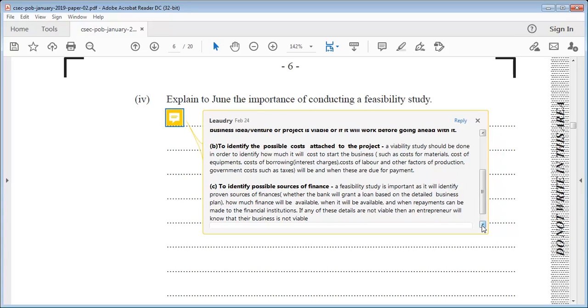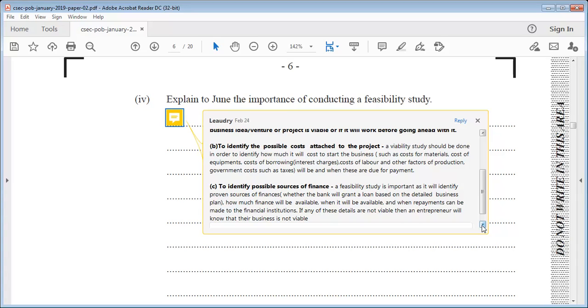Another importance of conducting a feasibility study is to identify possible sources of finance. Now, a feasibility study is important as it will identify proven sources of finances, whether the bank will grant a loan based on the detailed business plan, how much finance will be available, when it will be available, and when repayments can be made to the financial institutions.